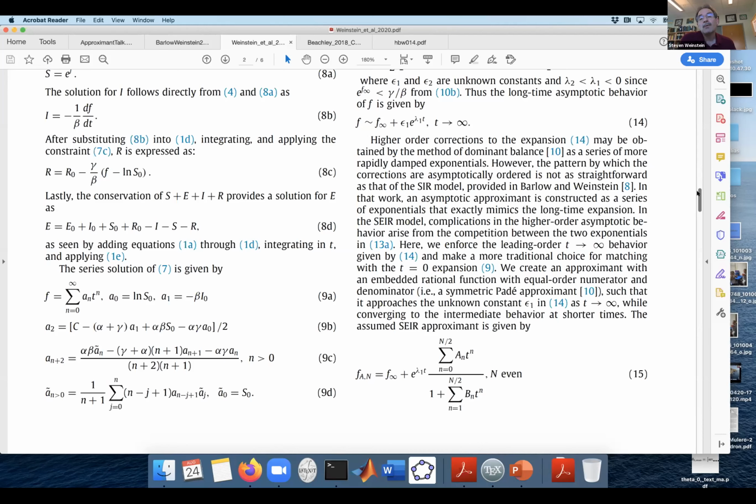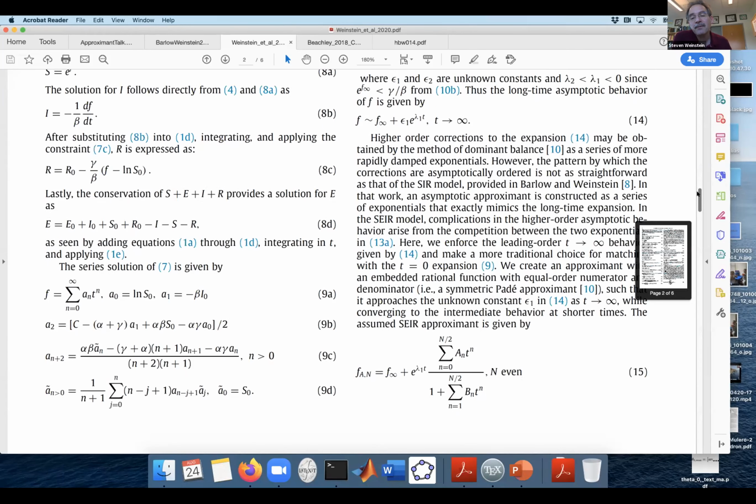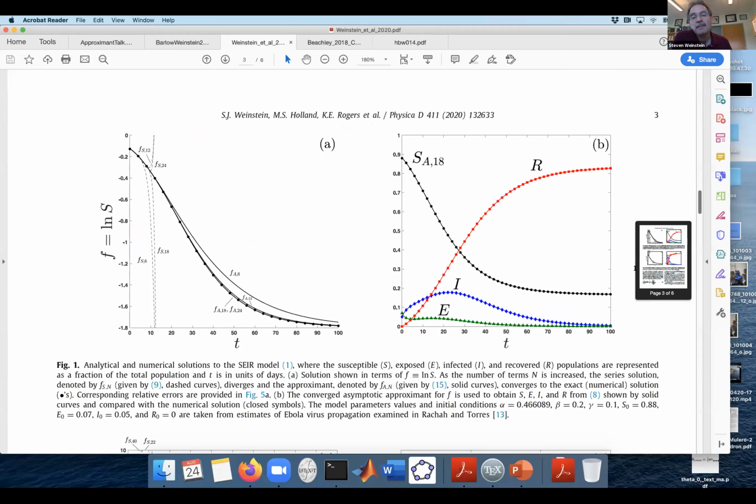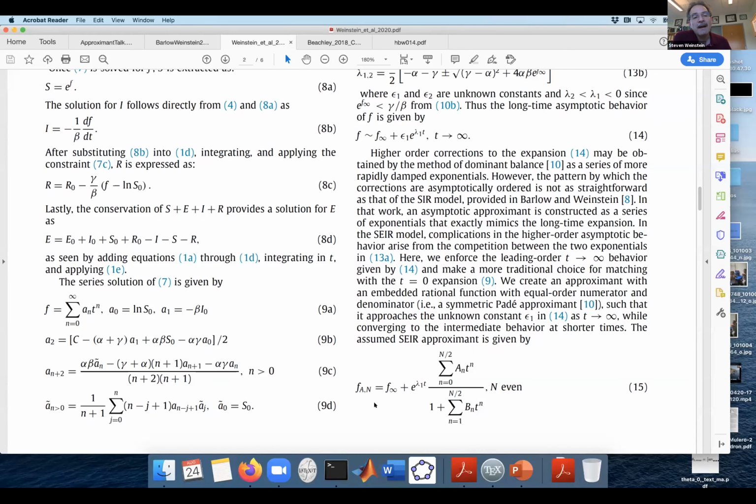In fact, one of the forms we used was very similar to this. Now remember, f is the natural log of s. So this is actually a complicated approximant. If we were just looking at it in terms of s, we probably would not have found the approximant that works really well if we hadn't been motivated by the differential equation where natural log of s appears, because if you solve for this, s is an exponential of all of this stuff.